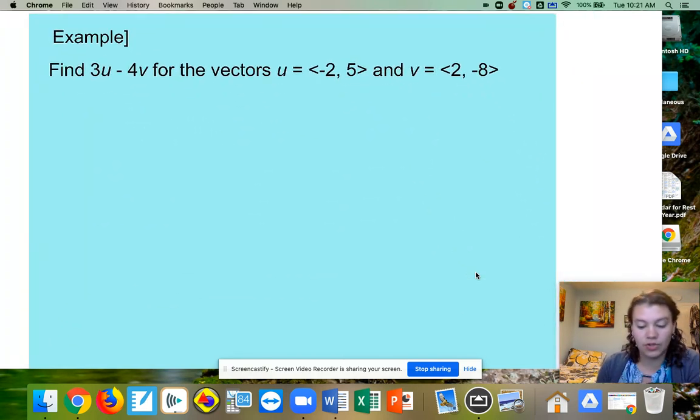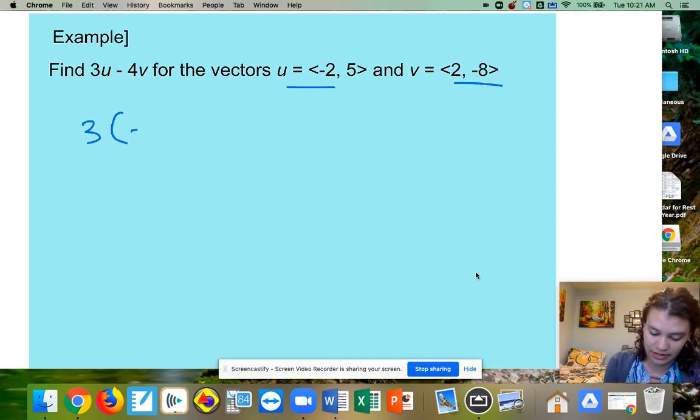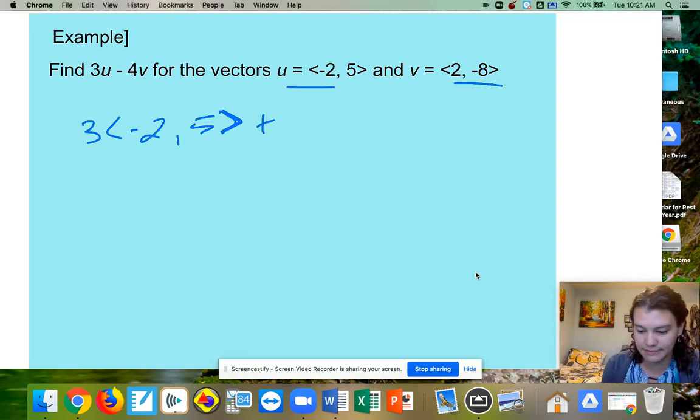Okay, so here we want to find 3u minus 4v, and it gives us the vectors. So we're just going to distribute the 3 in. So 3u would be 3 times <-2, 5>. A note here, you have to have these pointy brackets because that means it's a vector versus a point or something else.